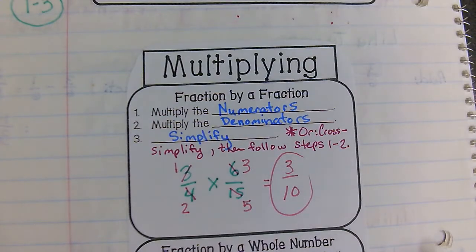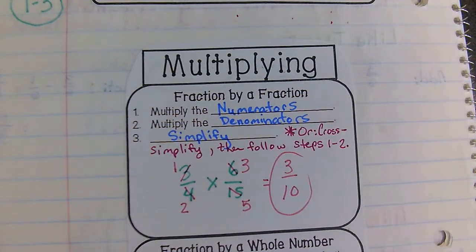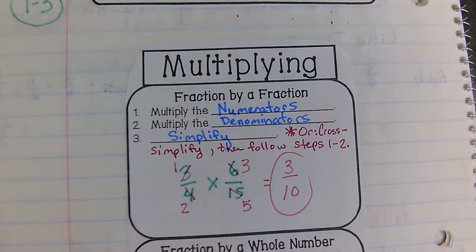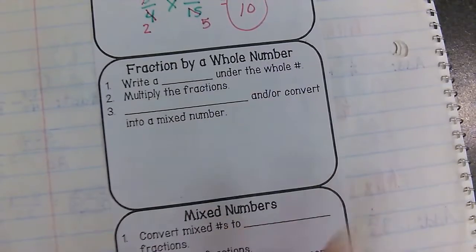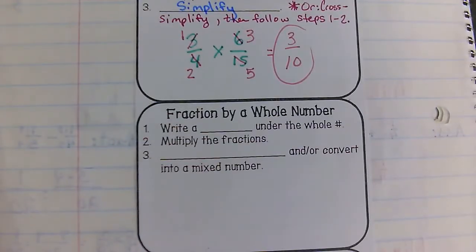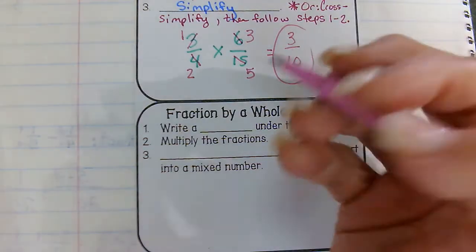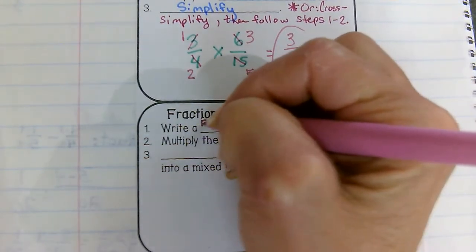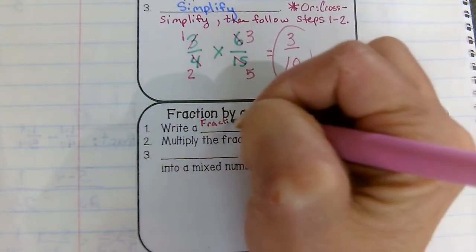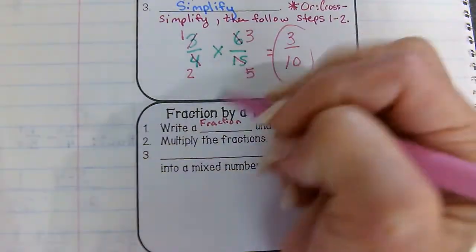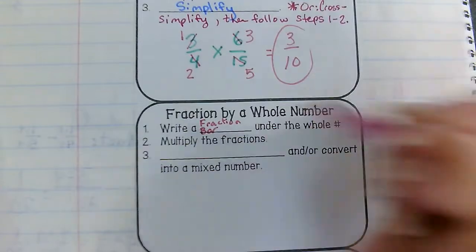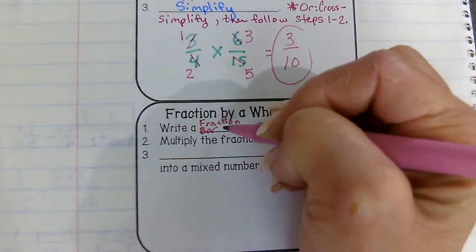So let's look now at multiplying a fraction by a whole number. So let me slide this up for you. Here's our next box, okay? Fraction by a whole number. On this one, I'm going to write real tiny on this part, so you pay close attention to it, okay? So write a fraction bar over 1.